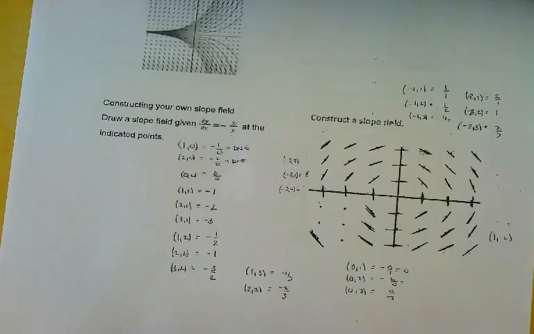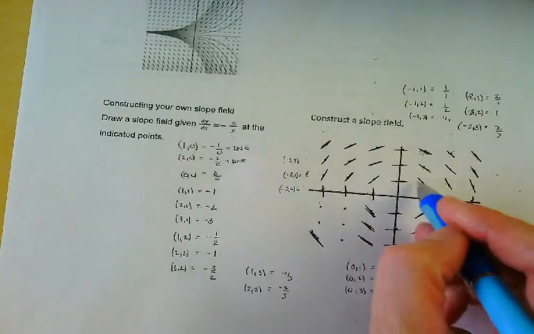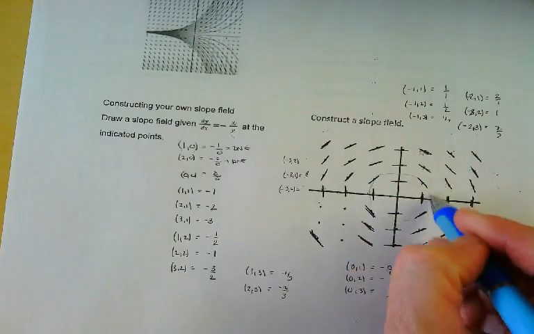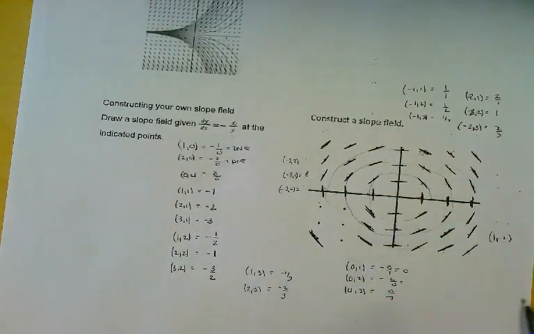And you should start to see that they should be parallel. In this case, it looks like they're circles. Parallel circles of each other to get that general solution as you start to complete that diagram.